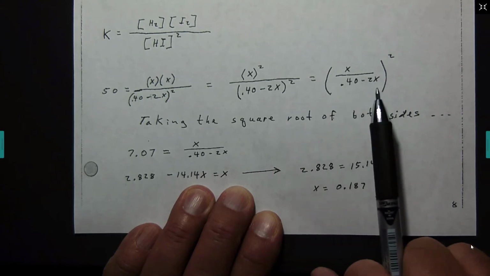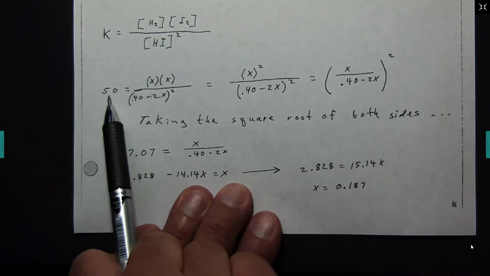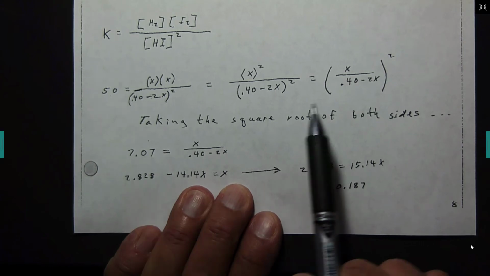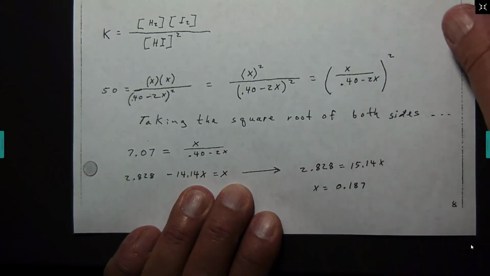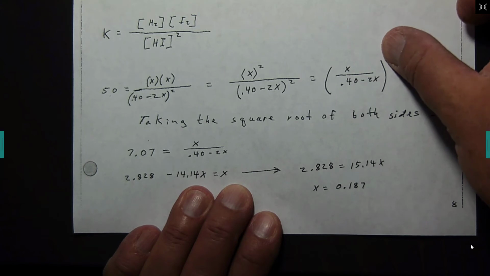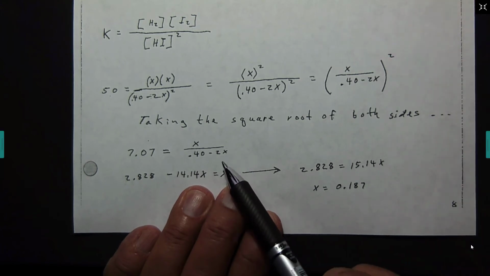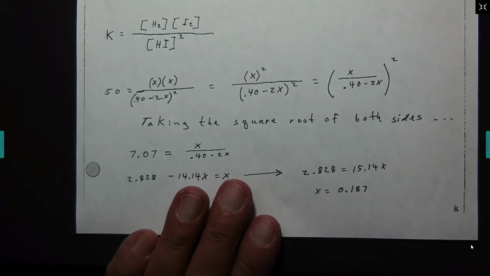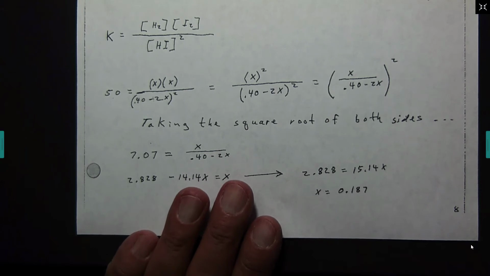You take the square root of both sides. Again, taking the square root of 50, you can do that on your calculator. Taking the square root of this whole mess simply means get rid of that 2, and you've taken the square root. So the ones we tend to give you are ones that involve perfect squares.